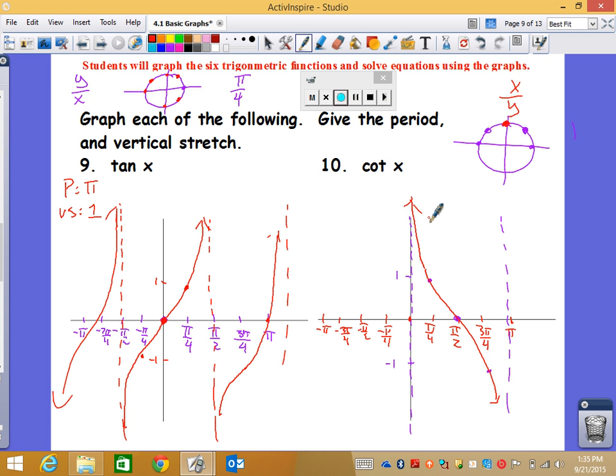It started low and went high. And you'll notice the same things on the opposite side. And again, we can talk more about this in class, but the important thing to know is that you still have asymptotes. It's a period of pi with a vertical stretch of 1. However, the difference is that cotangent starts high and goes low.